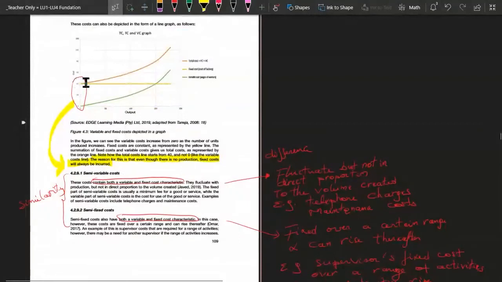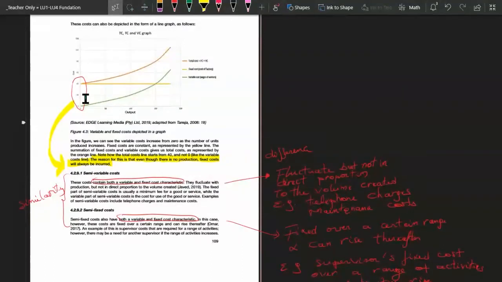Obviously, the total cost will start from 40, because we are paying a fixed cost of 40, right? So it could be, for example, rent. If we are paying 40 for rent, this is just an example. It will be more like 40,000, right?